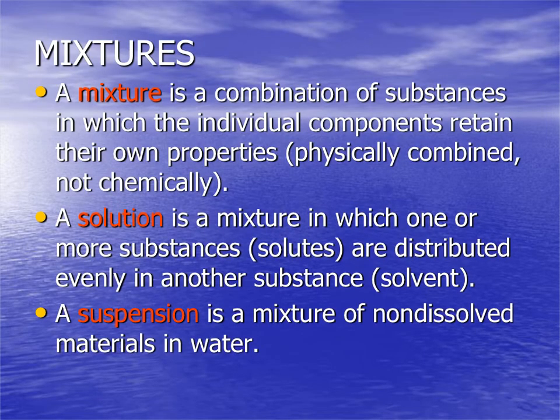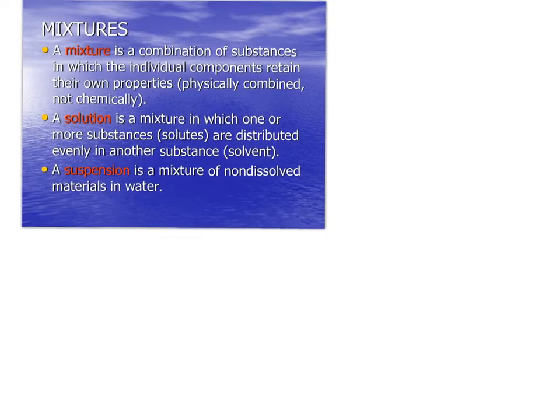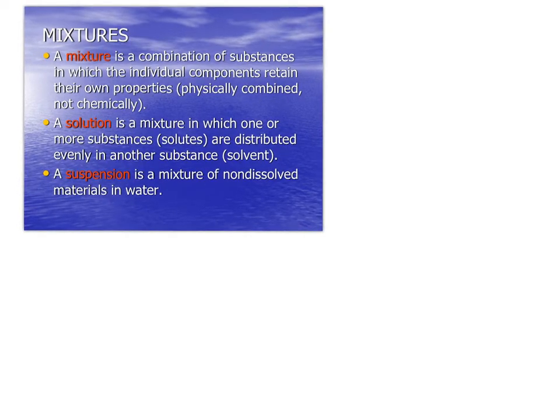All right, mixtures. A mixture is a combination of substances. So you can think of a mixture as taking a jar, some kind of a little pile of pepper in here, right? And then you add to it salt, right?